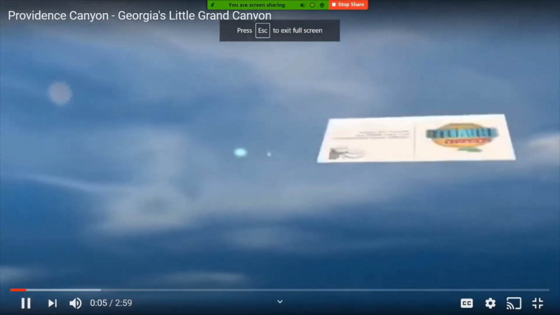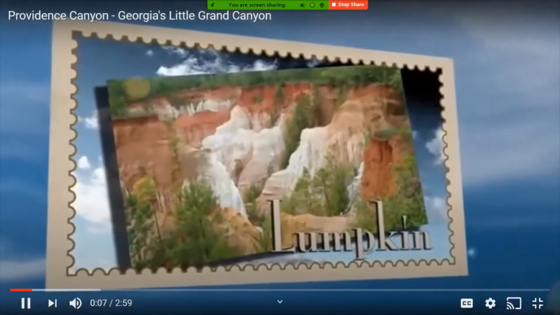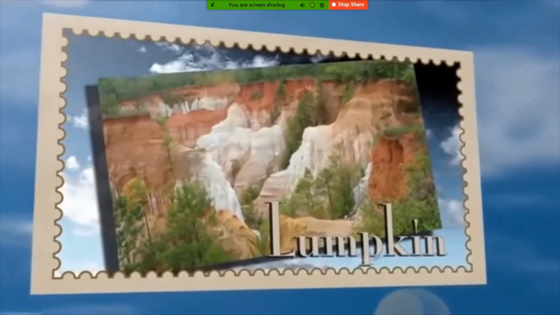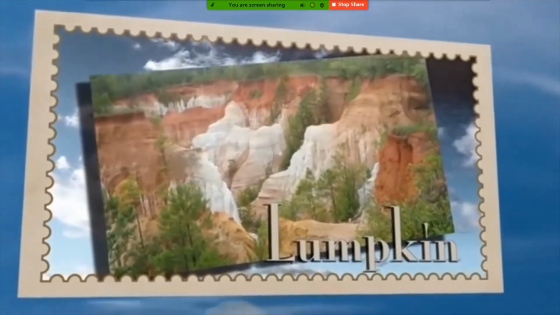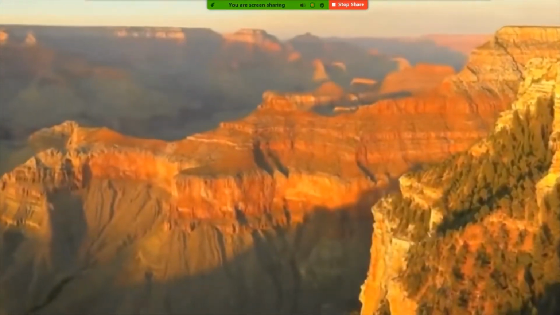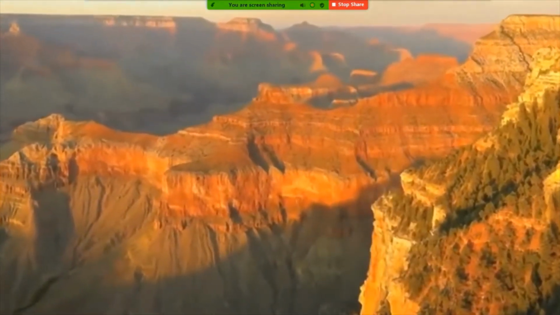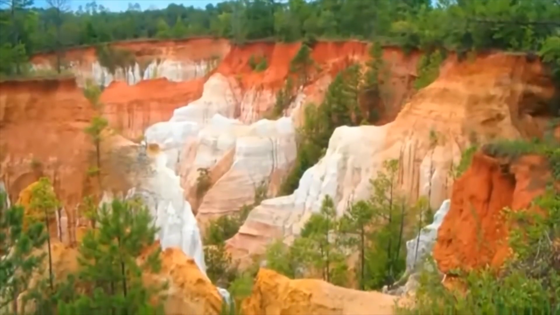Welcome back to Georgia Traveler. Let's now put on the hiking boots and head to Lumpkin, where I venture deep into scenic Providence Canyon. Arizona has the Grand Canyon, and Georgia has its own Little Grand Canyon.